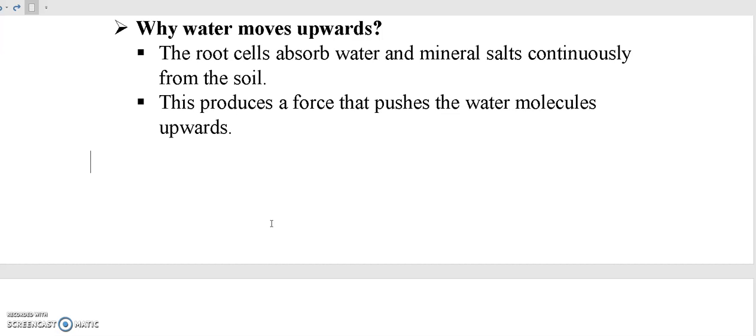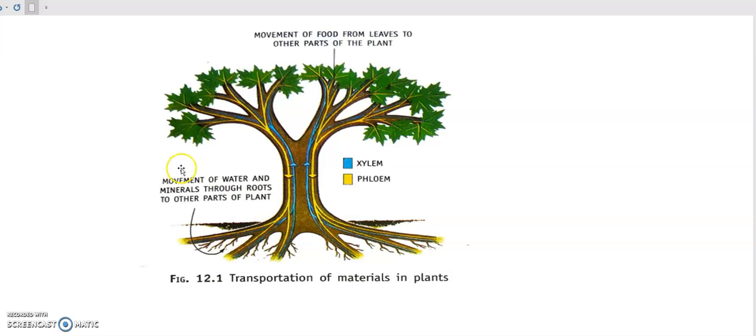Now what happens is, by this pushing force, the water goes upward and reaches the leaves, and we know that with the help of evaporation, this water gets evaporated through the leaves. And why does it get evaporated? Because of the stomata, which are on the leaf surface, which are opening pores, right?